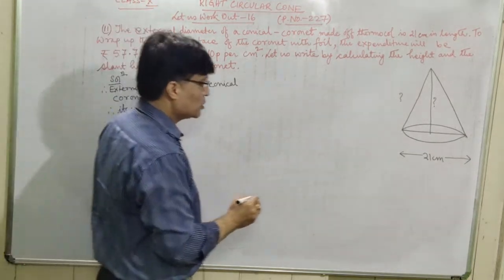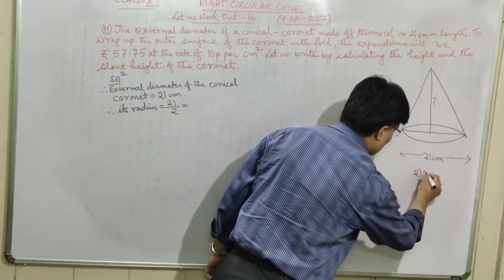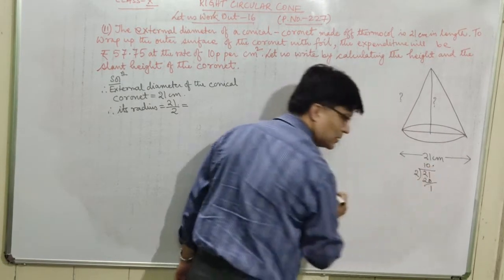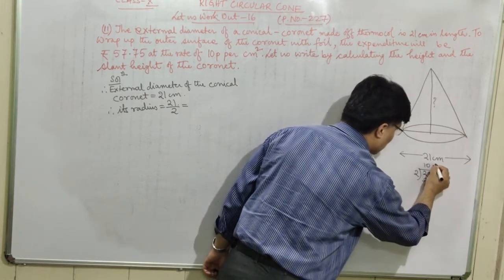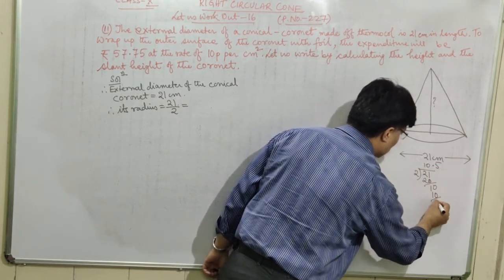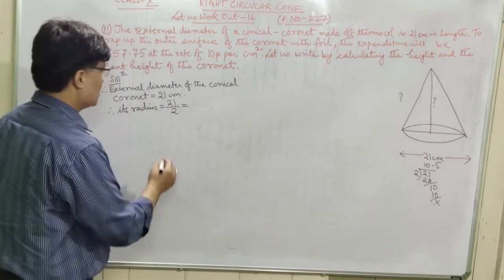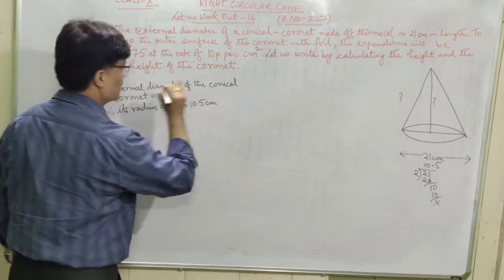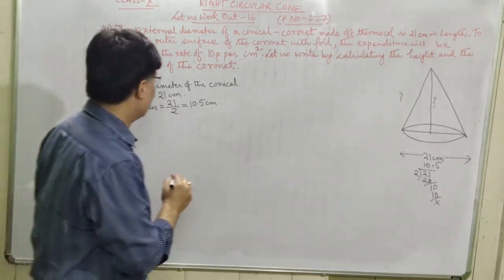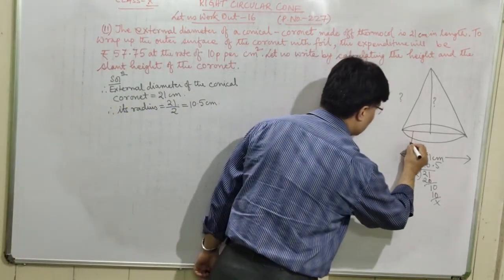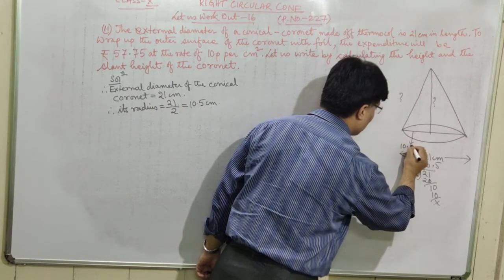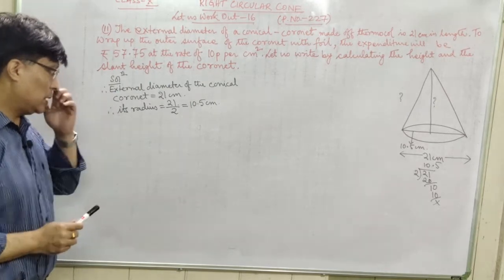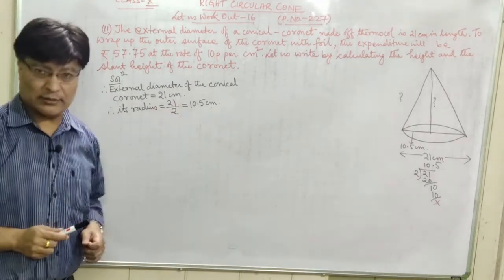Okay, so 21 by 2, which is 10.5 centimeter. So its radius is 10.5 centimeter. That is 21 divided by 2 will give you 10.5 centimeter.